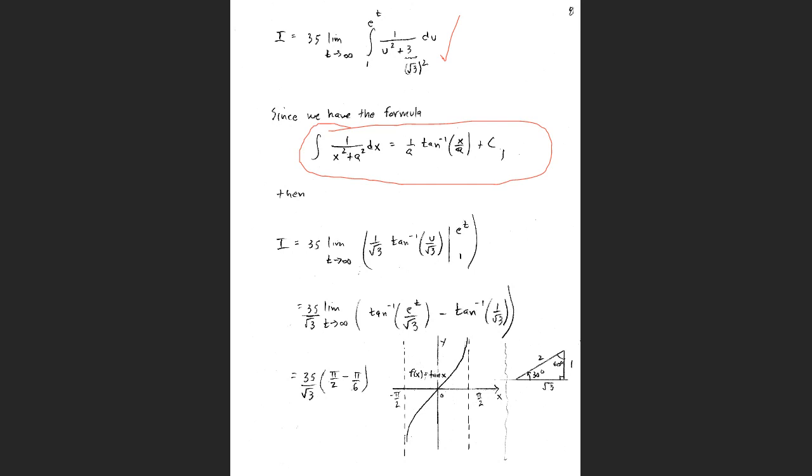And 3 I'll write as square root of 3, quantity square root of 3 squared. And now I have my antiderivative. And I'm going to substitute in e to the t and 1. Let me give you a moment to catch up here.